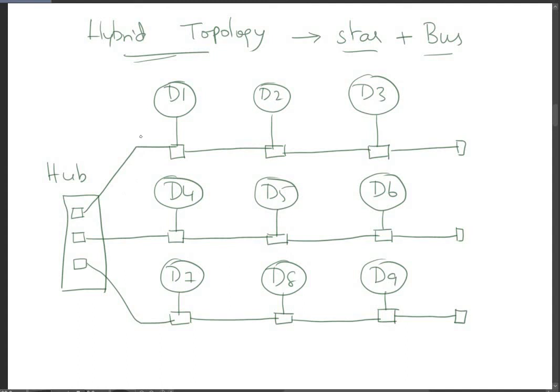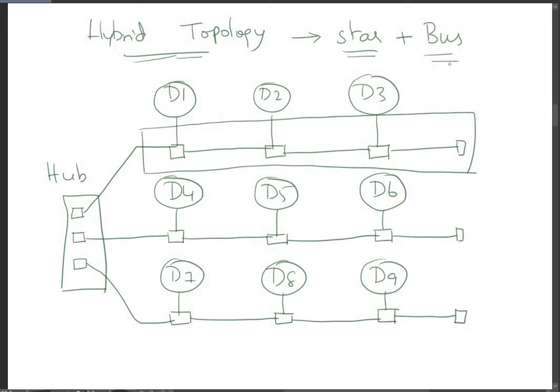If you see the connections from here till here, this is in the form of a bus. So the hybrid topology is a combination of star topology plus the bus topology. Coming to the advantages and disadvantages of this hybrid topology, they are the same as the star and the bus, a combination of both of these two.